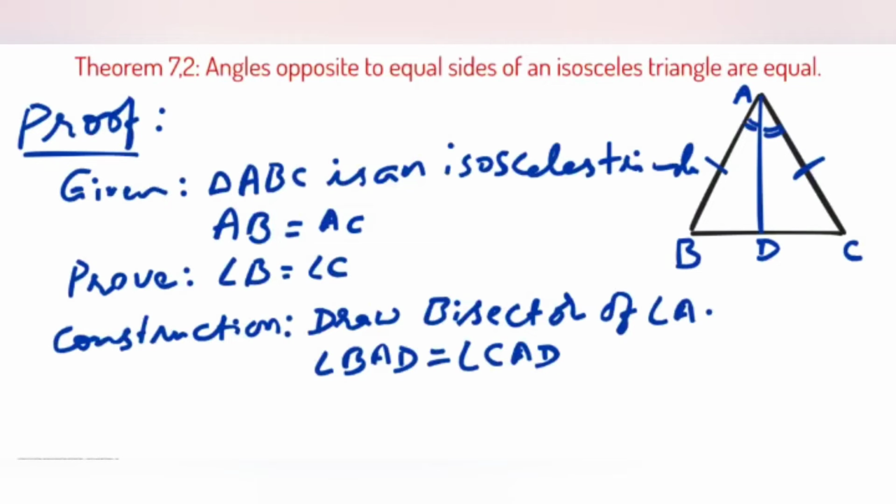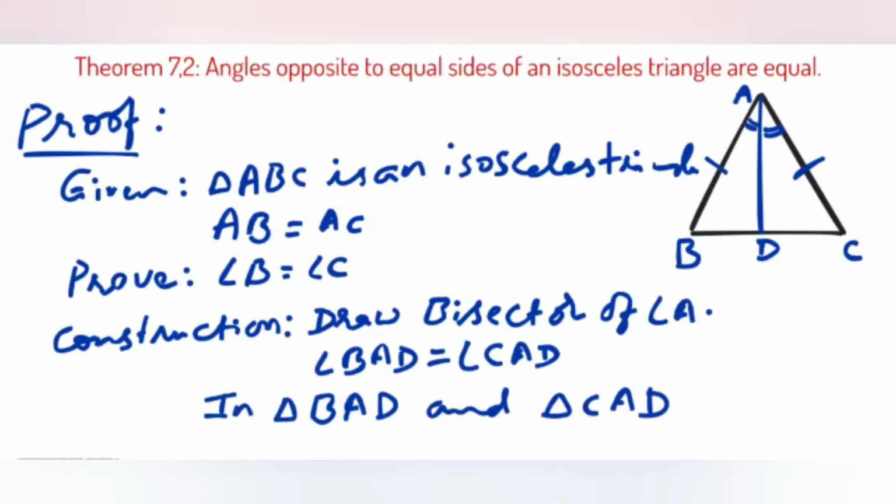Let us write, in triangle BAD, for example this side triangle, and another triangle CAD on the other side. What parts are equal in these two triangles? Let us write. In these two triangles, you have AB is equal to AC. These two sides are equal by given.